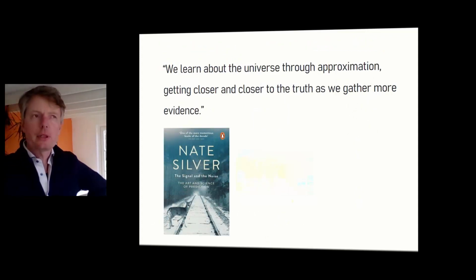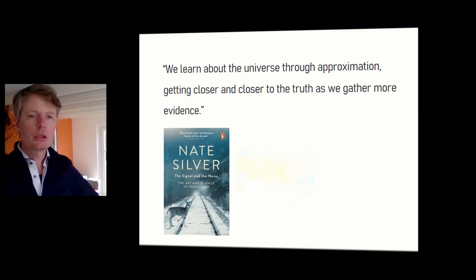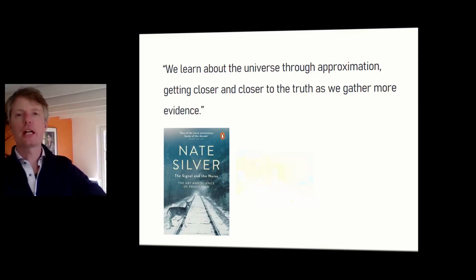And Nate Silver, a statistician who wrote a very popular book on statistics, The Signal and the Noise, put it this way: we learn about the universe through approximation, getting closer and closer to the truth as we gather more evidence. And so the evidence is the new information, and then we keep reassigning probabilities.